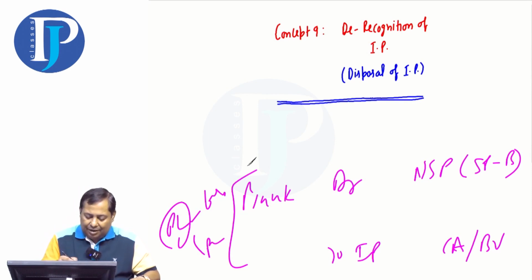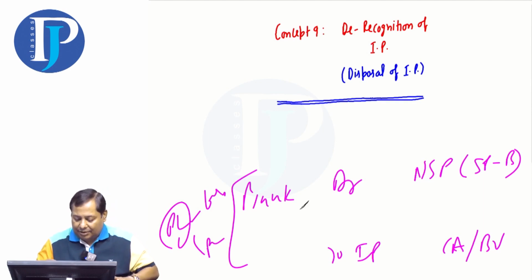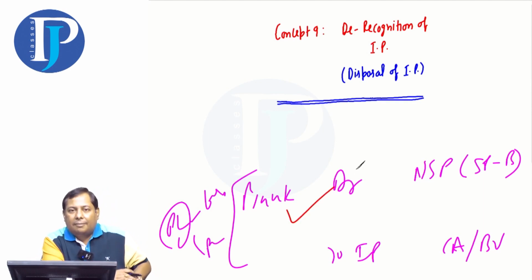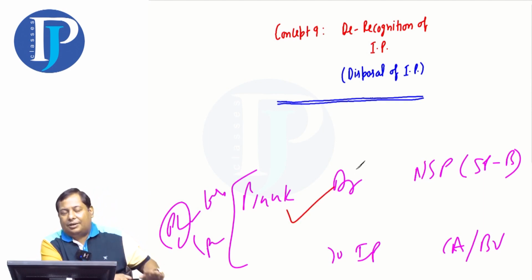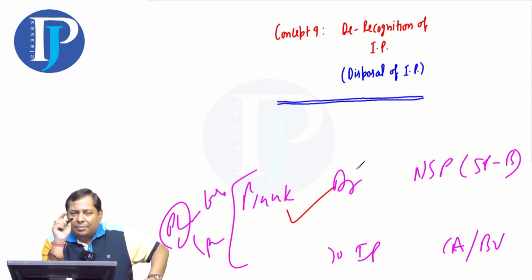So I'm not saying that your thinking is wrong or your concept is wrong. It is completely right. But this is incomplete information. When we study different forms at the time of purchasing, so during the time of selling, you need to learn about different forms. So you have to see around 3 ways to dispose of it.